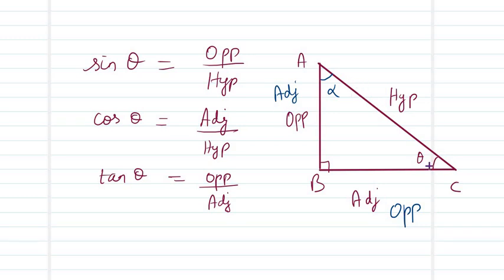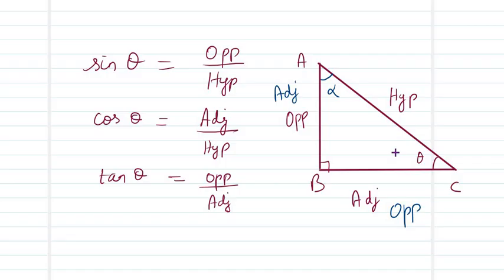Generally, for any acute angle that we take on a right angle triangle, the side which is not touching the given angle is called the opposite side. So there can be only one opposite side for any angle that is marked. For theta here, AB is the opposite side, and for alpha here, BC is the opposite side.